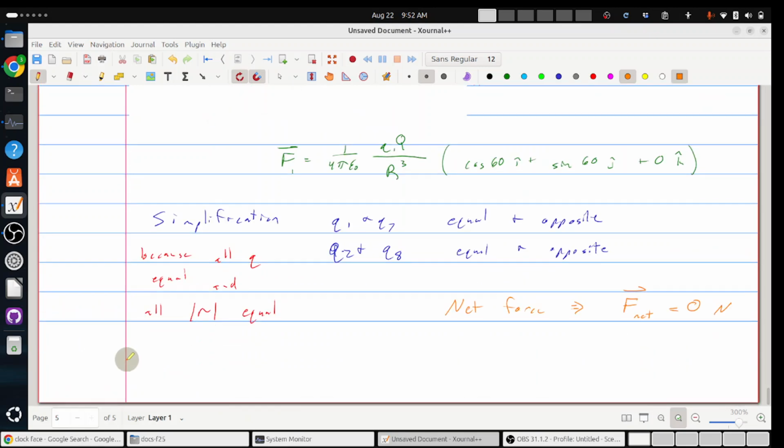And so for part B, you'd really only have to find the force on our big Q due to the Q at the 12 position. Not all of them. Okay?